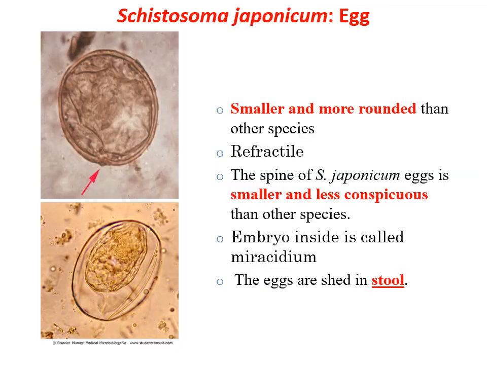The eggs of Schistosoma japonicum are smaller in size. They are rounder, so they are round, they are smaller, they are also refractile. And unlike Schistosoma haematobium or Schistosoma mansoni, the spine of Schistosoma japonicum is much smaller and is not that clear on all preparations.